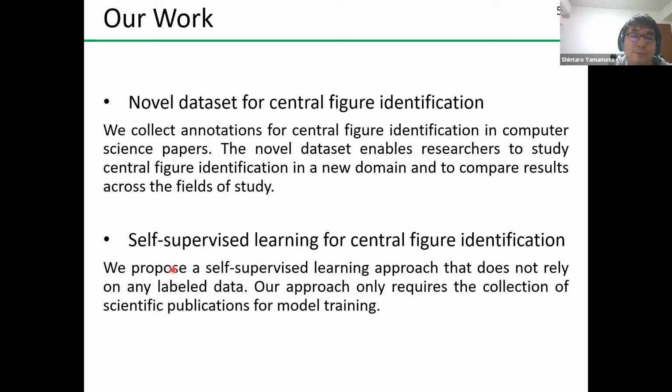We also propose a self-supervised learning approach that does not rely on any labeled data. Our approach only requires the collection of scientific publications for training, so we can apply the method to any field of study.